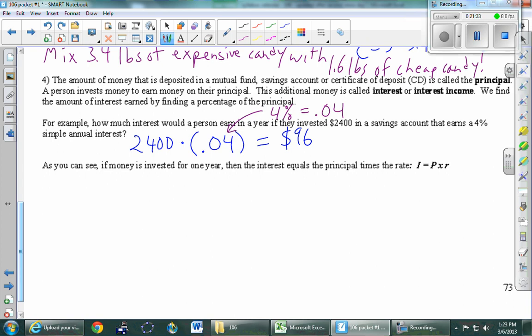So at the end of 1 year, we would have earned $96 from interest. Yeah, 4% is a lot higher than anything you'll find these days. Questions on that calculation?